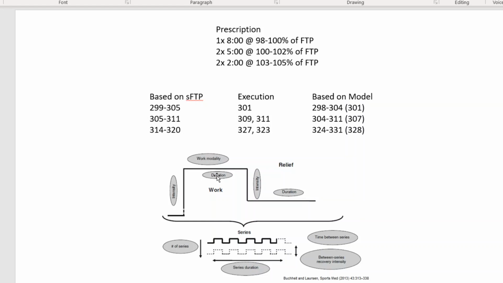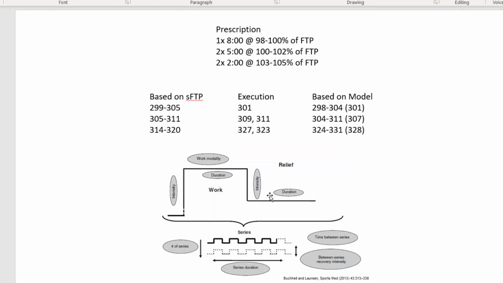So it's basically figuring out what the intensity is for this work interval. The duration has to be given. We're not giving you that leeway in terms of customization with this particular video. It's just figuring out what the intensity is if you give the duration.